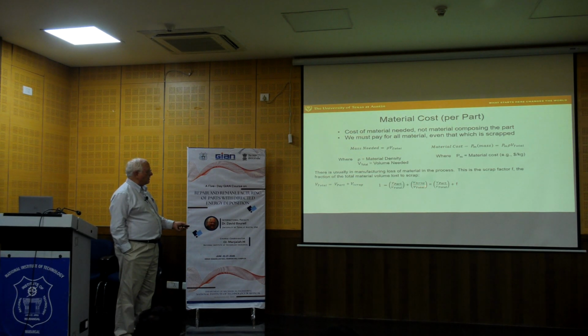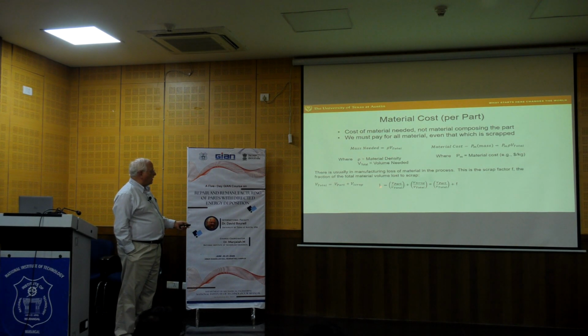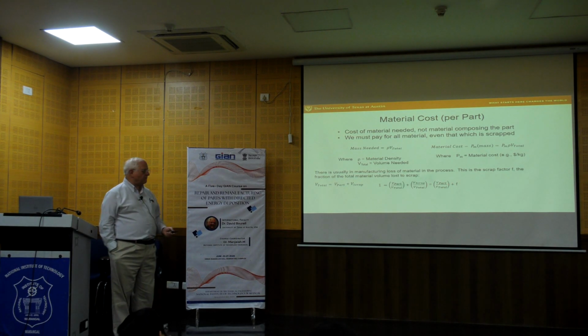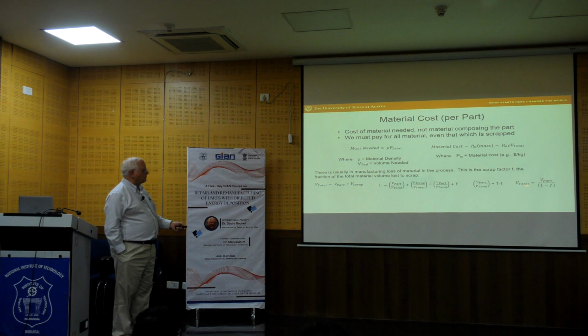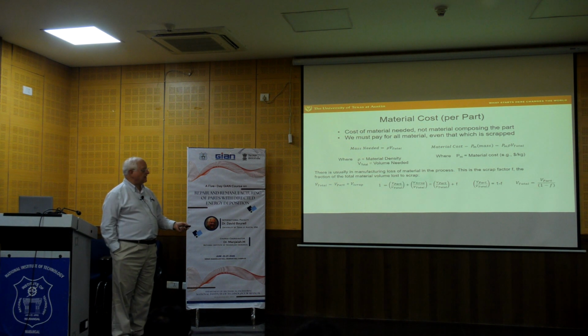This is indeed the value F, the scrap fraction. And so what I have is 1 is equal to the part volume over the total volume plus the scrap factor.